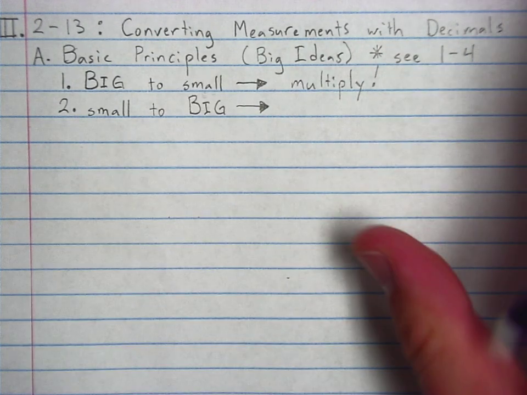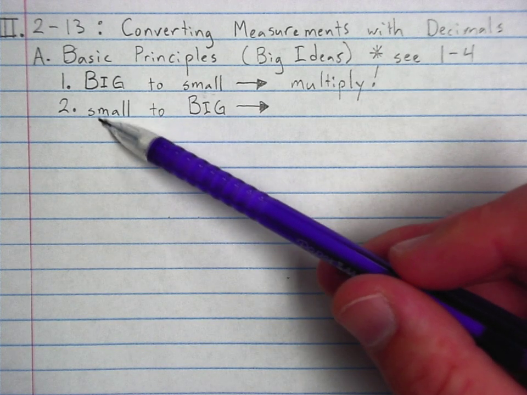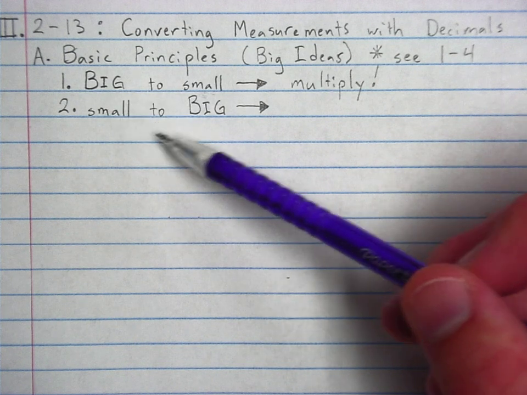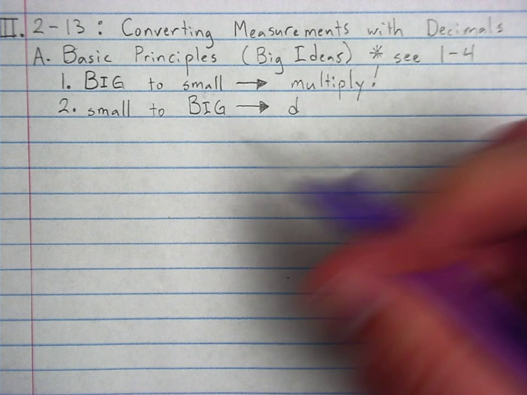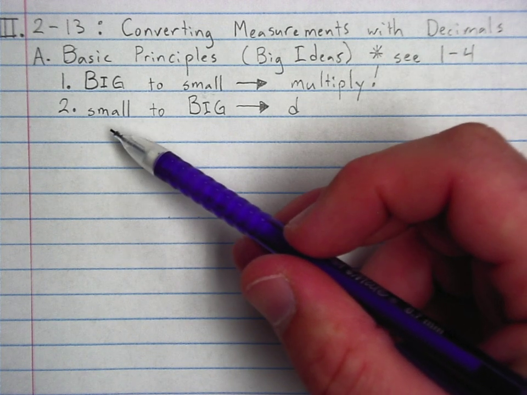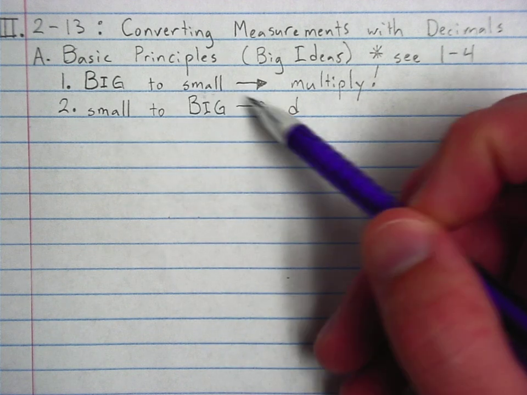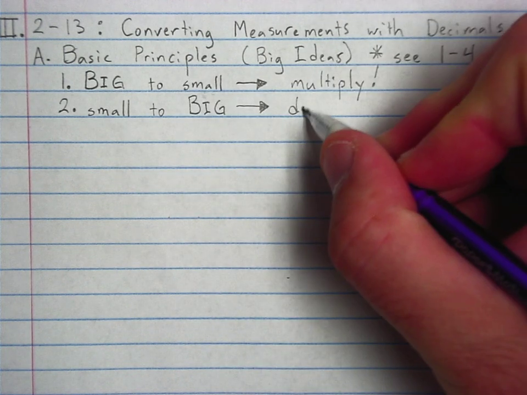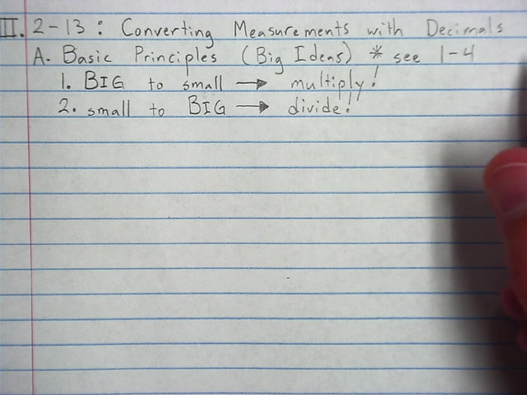Whatever it is, centimeters, inches, feet. You should have quite a few of those. You're going to break them into groups. If you have centimeters, you're going to break them into groups of 100, because every 100 centimeters you can trade in for a meter. When we break things into groups, we are dividing.